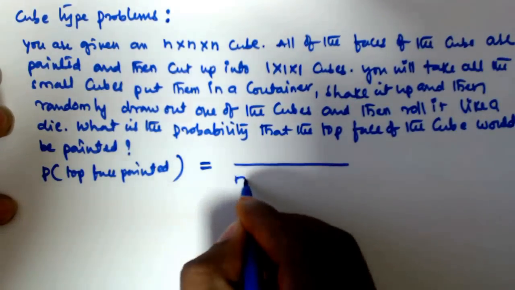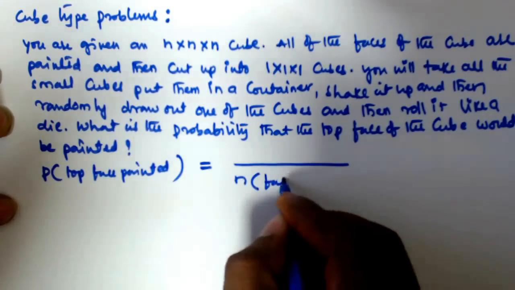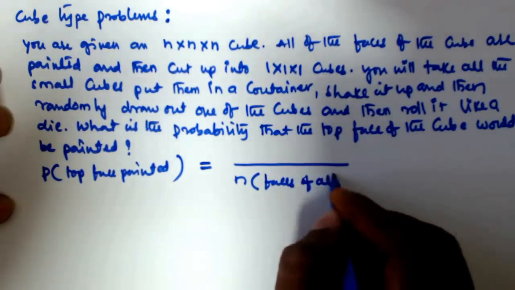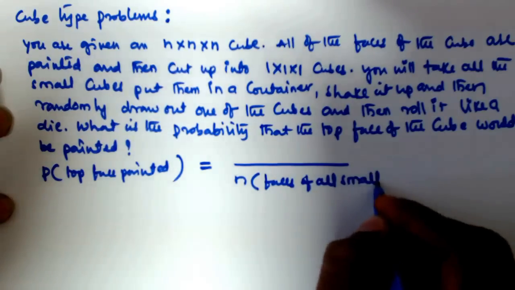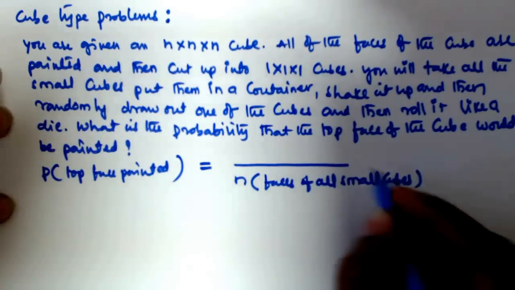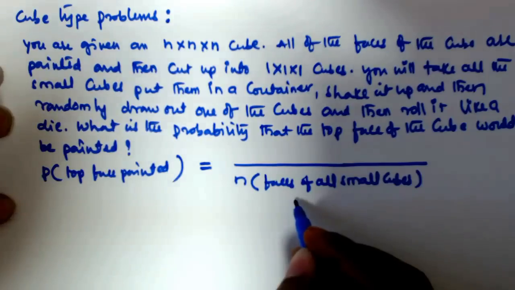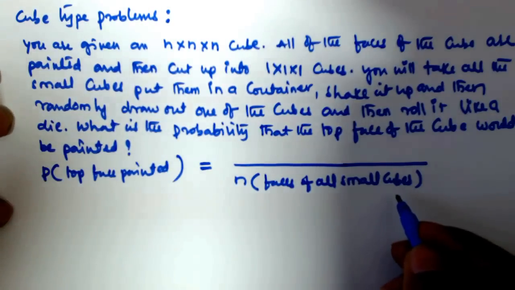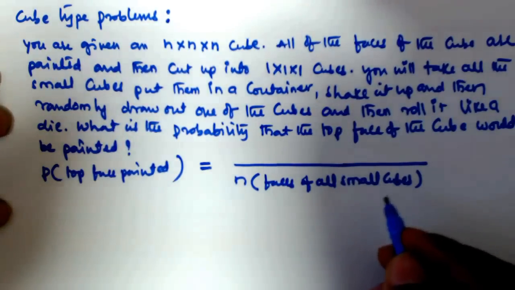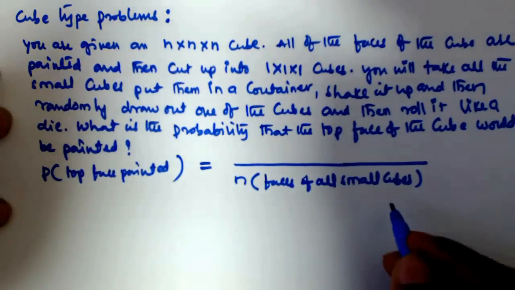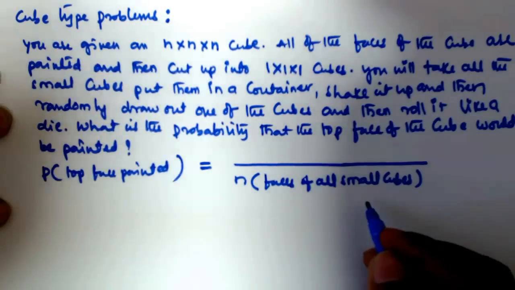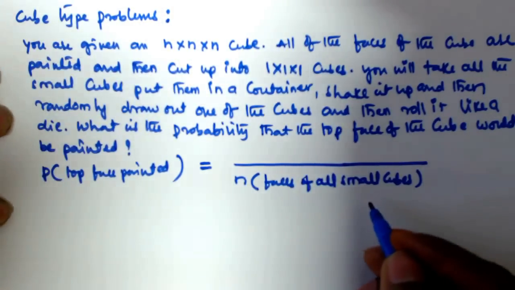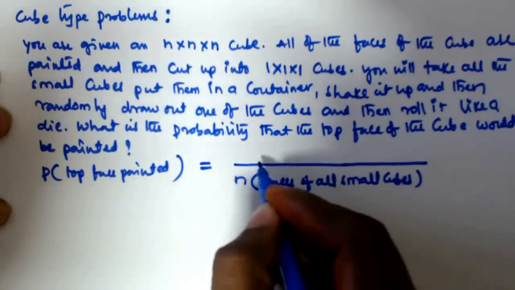So the number of faces of all small cubes is the total number of faces related to the small cubes. So actually we have to find the total number of small cubes first, and then find the total number of faces of those small cubes.